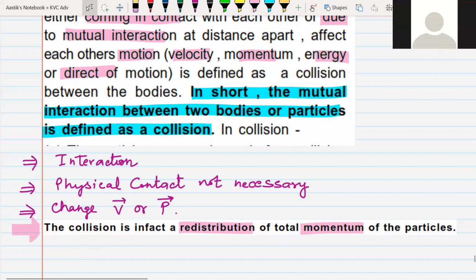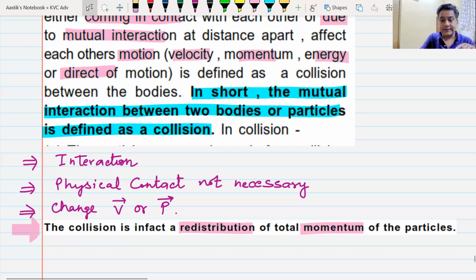Everyone understood what we have written here? Now, this is the broader definition of collision, and in this definition everything comes under collision. Wherever there is a force acting between two bodies, that is a collision.